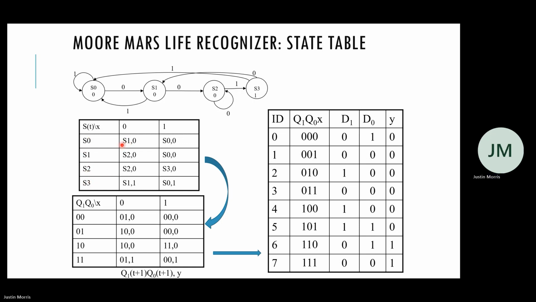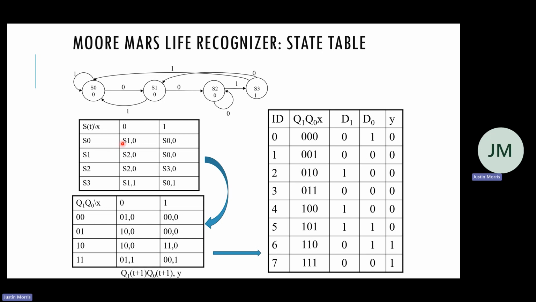If I'm in this state and my input is 0, I go to this state, and this is my output. And this output only depends on the current state. That's why if you look here, S0, 0, 0, S1, 0, 0, S2, 0, 0, S3, 1, 1. It doesn't depend on the input.